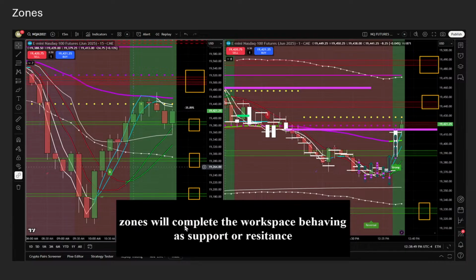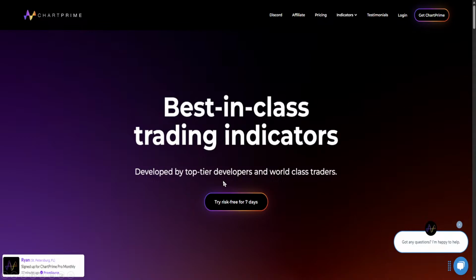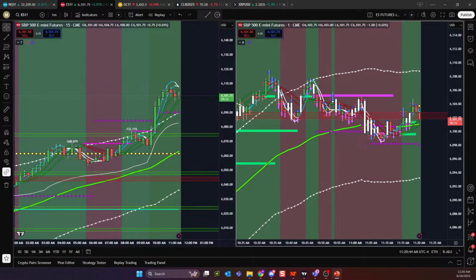So the zones complete the workspace, very often trading to them, trading from them as support and resistance. And as I said, Chart Prime gives you a free trial. You can go in and put them on there. But the workspaces are designed to work in conjunction with them. There are opportunities to get free indicators should you look for them. But that is essentially what you're going to look at every time you open a workspace.